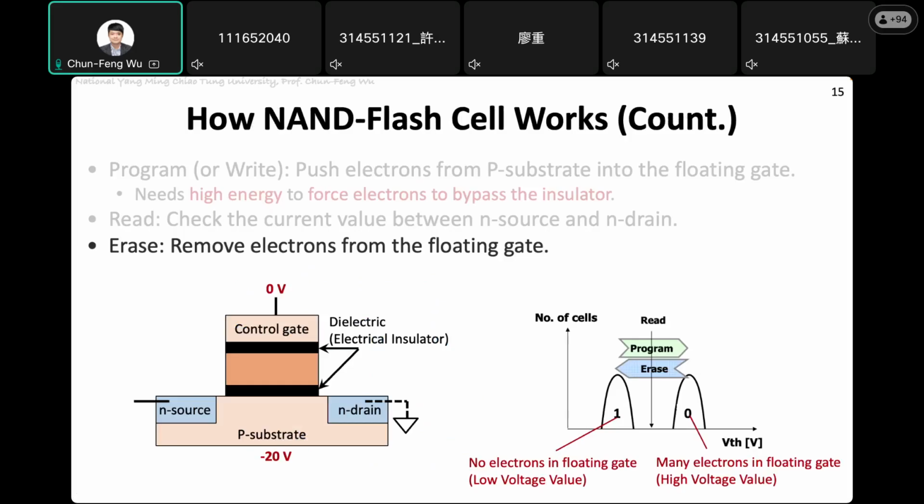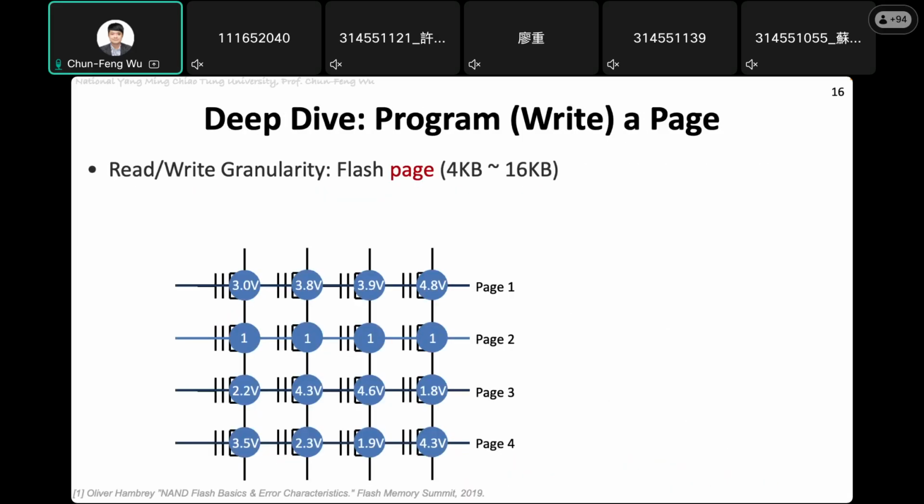For example, we say the program should be a page. A page has 4 kilobytes, so 4 kilobytes, you can think about 4K, 4096, that amount of bits, that amount of cells. So I give you an example a little bit closer to a realistic one.